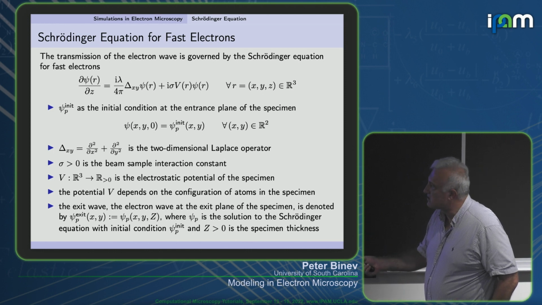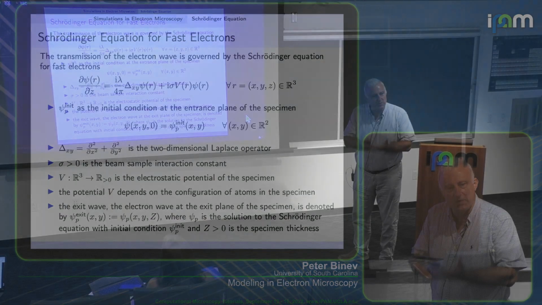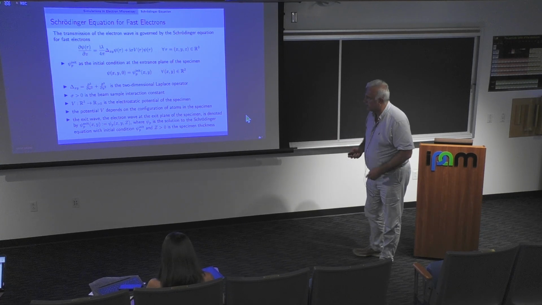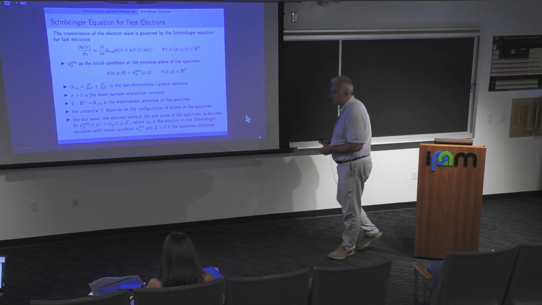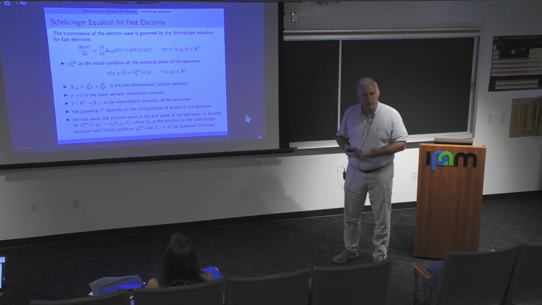R is x, y, z, simply not to write them all the time. We have a Laplacian because we consider interaction with the 2-dimensional waves. We consider the 2-dimensional Laplacian, and V(R) is actually the electrostatic potential of the specimen, which is a complicated function.